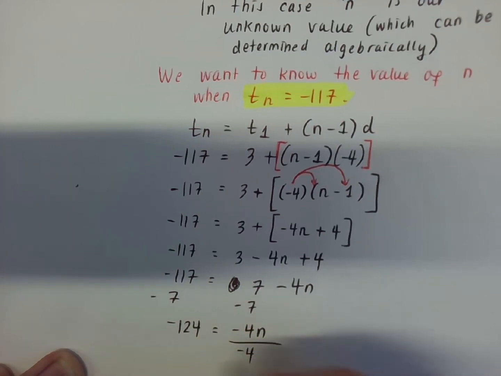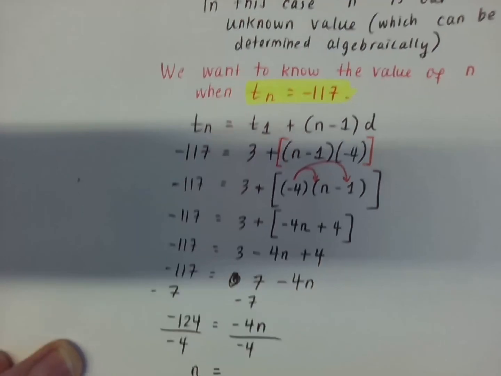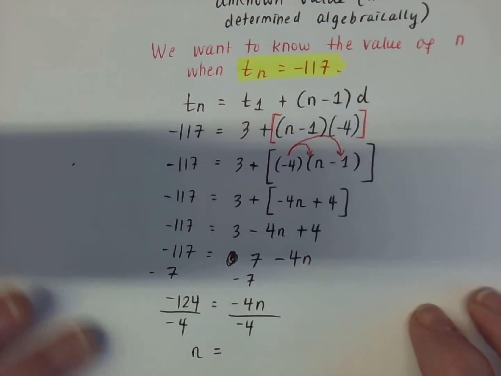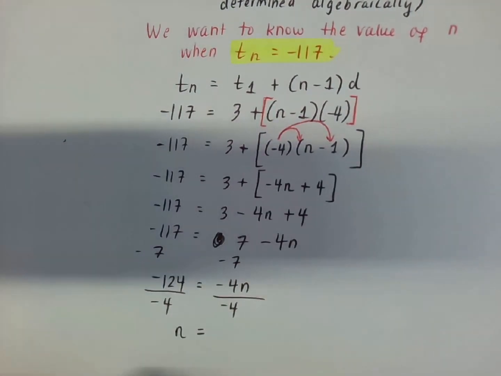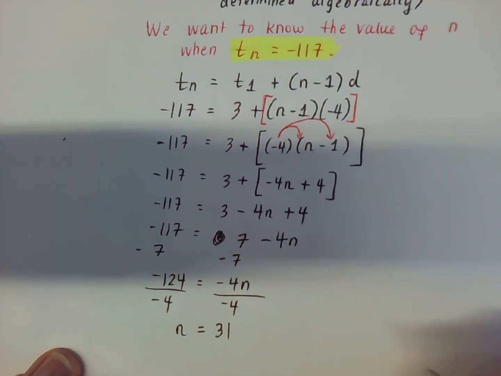Divide both sides by negative 4. N would equal 31. That makes sense.